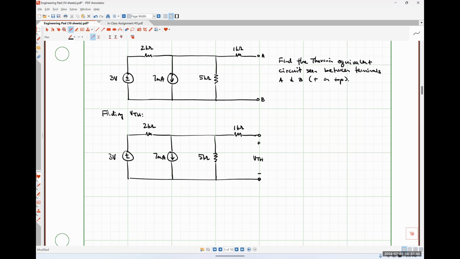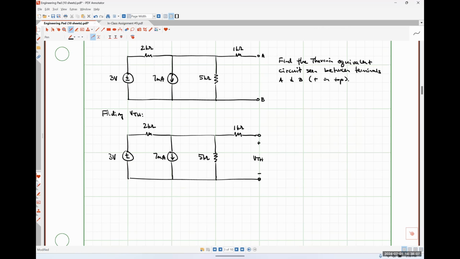Did somebody else have a suggestion? Would it be source transformation? Which source transformation are you referring to? Because I see two practical sources. The voltage source of 3 volts with a 2 kilo ohm resistor converted to a current source.